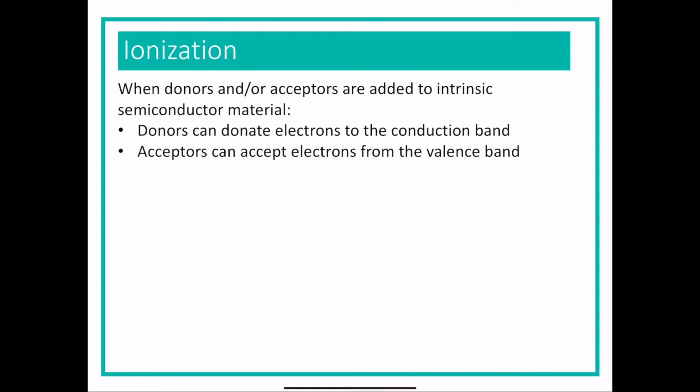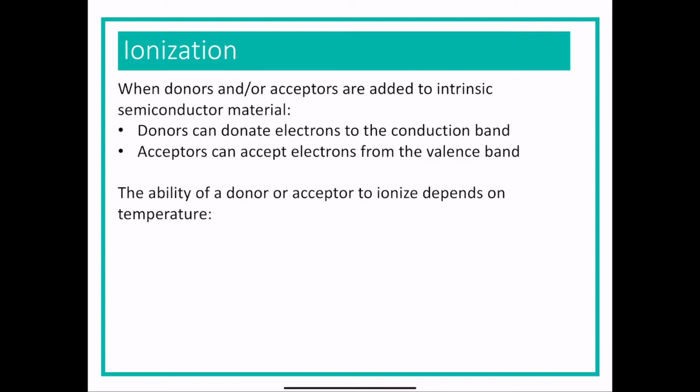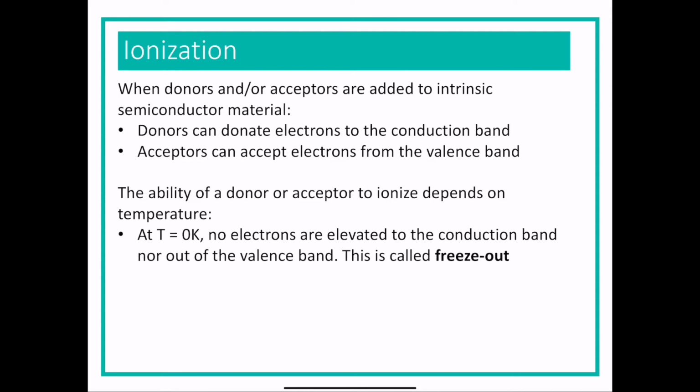Depending on the temperature, this is really what determines the ability of the dopants to do this process. At 0 K, and this is one of those things I've repeated a bunch of times, and I think there's at least one conceptual question related to this statement, there are no electrons in the conduction band because there's no energy.